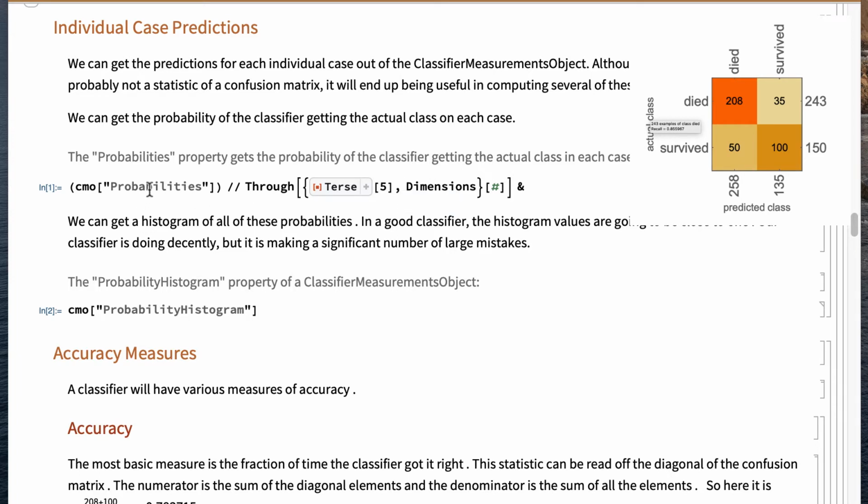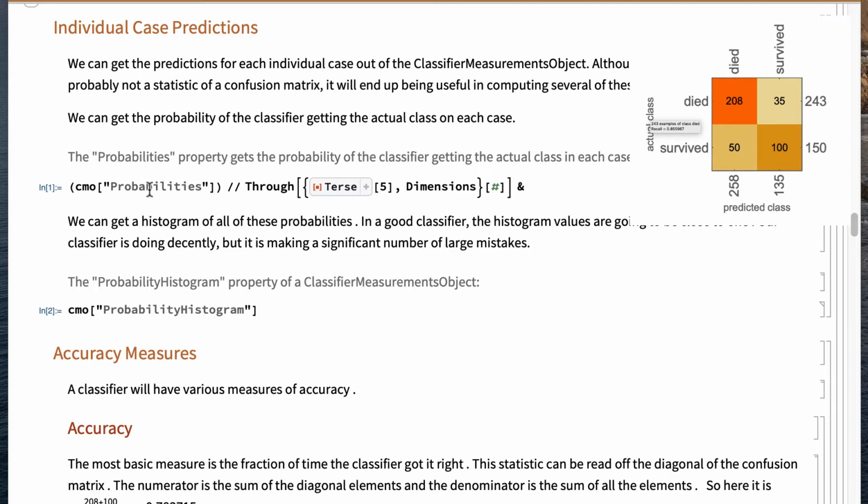Remember what the classifier is doing is it's really coming up with a probability distribution over classes. Often you don't see that. You just want to know what's the most likely outcome. You don't need to know that, well, there's a 37% chance it's something else.